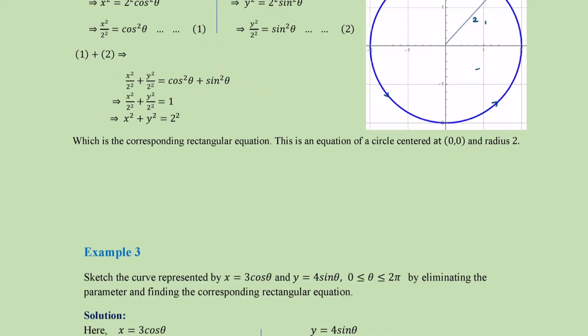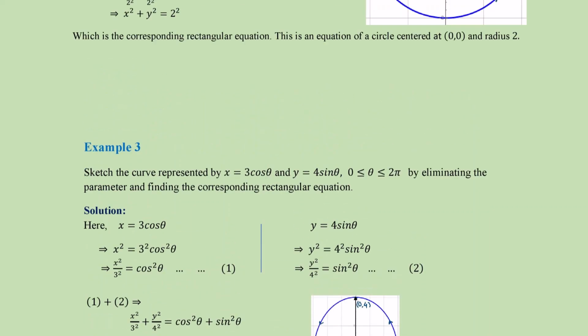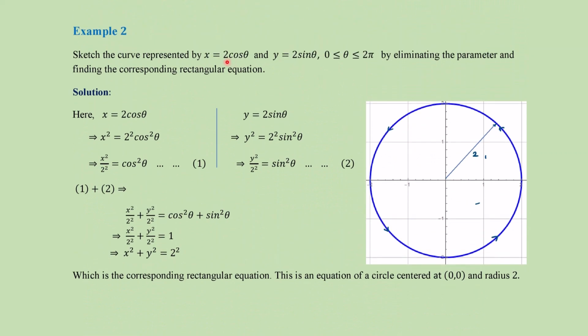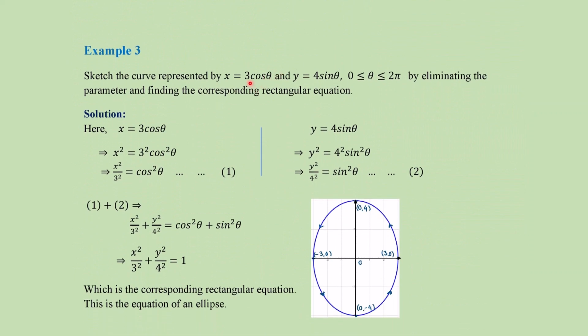Now next example, we have x equals 3 cosine theta and y equals 4 sine theta. Did you see, here you have 3, here you have 4, but in the previous example you have the same number, 2 and 2. If these numbers are the same, then you will get the equation of a circle, but if these two numbers vary, then you will get the equation of an ellipse.